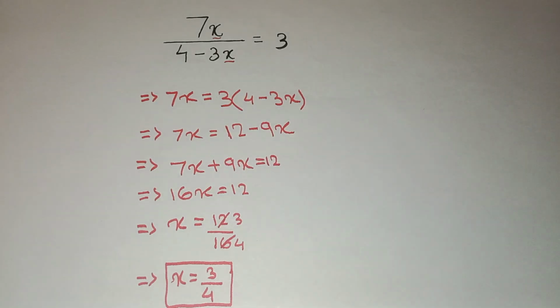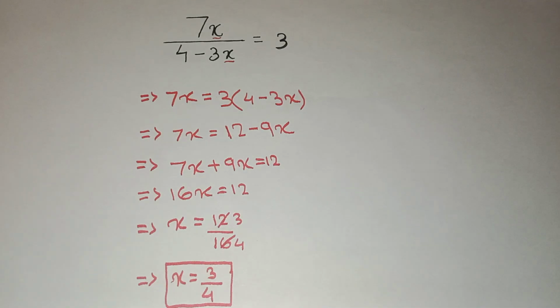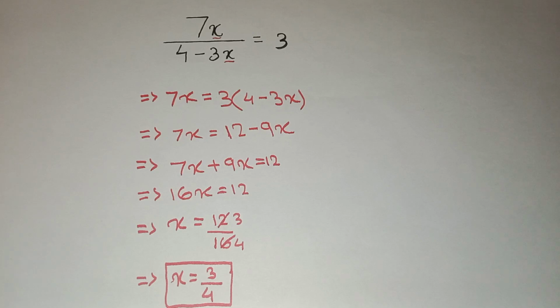Then 16x equal to 12, and x equal to 12 over 16. Don't forget to reduce the fractions, whether they are even or odd, at any cost. After reducing, we get the answer 3 over 4. So the final value of x is 3 over 4.